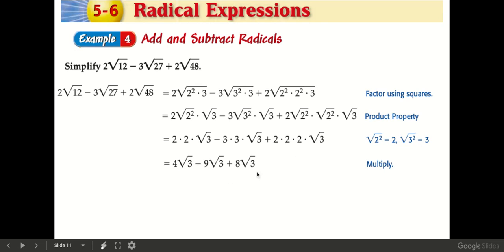Now you can see that they all have the exact same radical, radical 3. So 4 radical 3 minus 9 radical 3 plus 8 radical 3, those are like terms. When I combine them, 4 minus 9 plus 8 gives me 3, so it's 3 radical 3. It's kind of like combining like terms when we have variables.